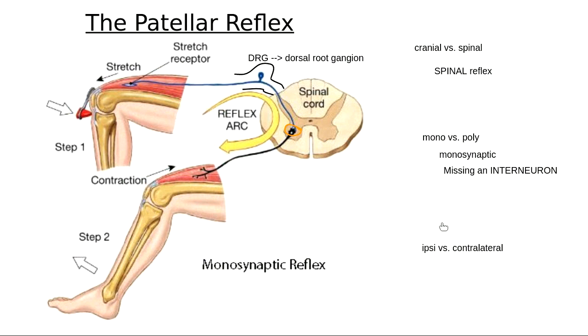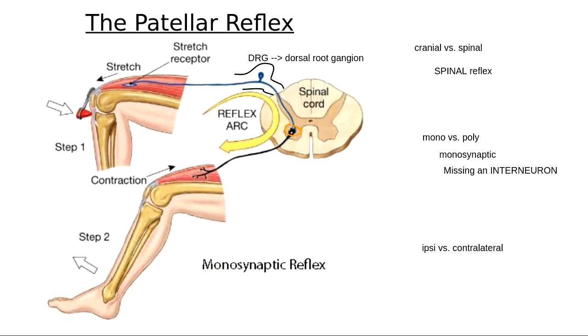Last way we had to classify this reflex, is it ipsilateral or is it contralateral? This was all about the side that information came in and left. Ipsilateral, contralateral. What do we think? Yeah, we're doing the same side, right?